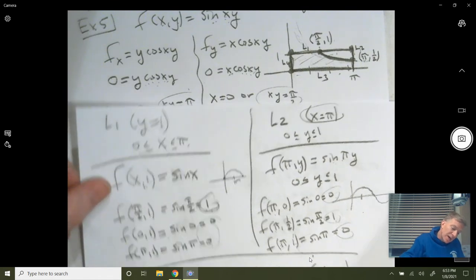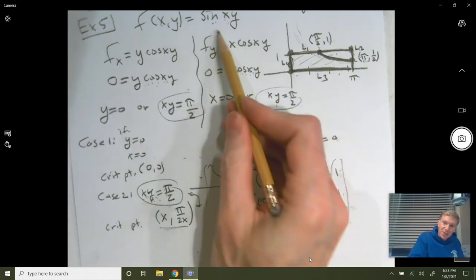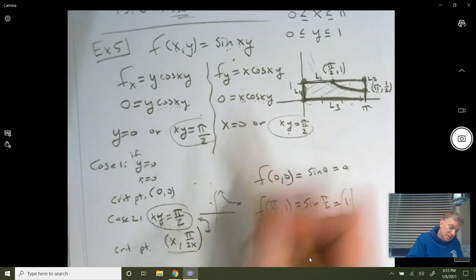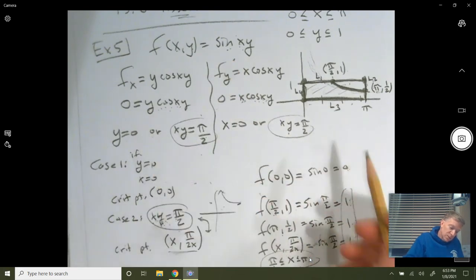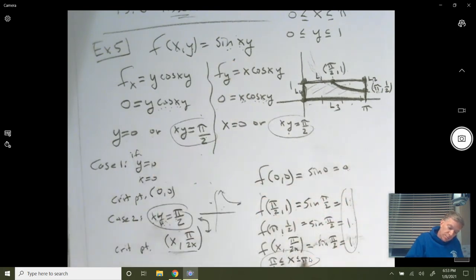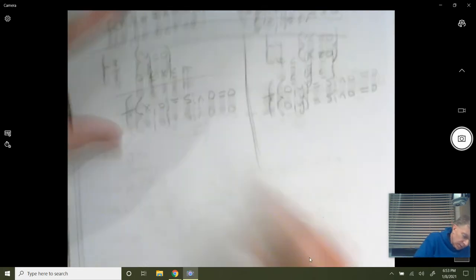And then going back to where we actually used our second derivative test, we said that everywhere along that curve, xy equals pi over 2, we got our max of 1, and that covered all of these points. Okay, so sum it up. Let's give our answer.